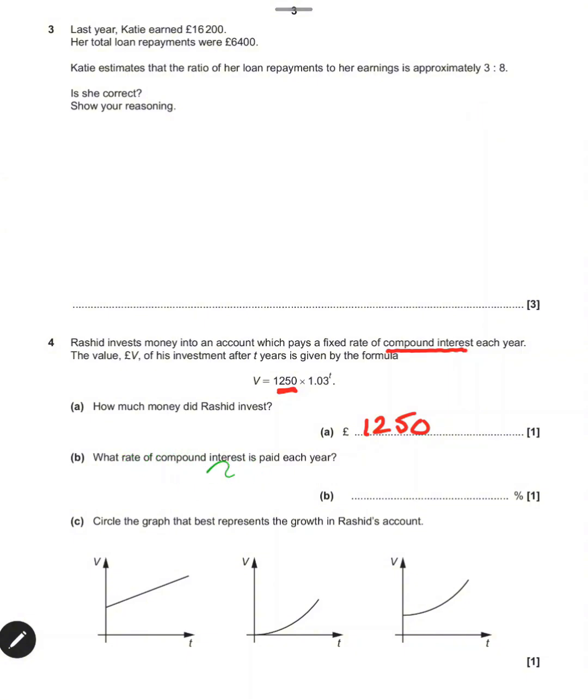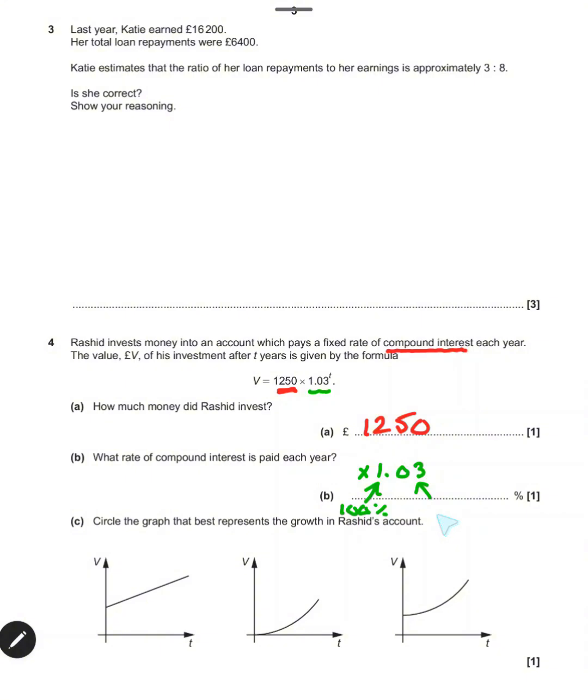The rate of compound interest is given by this part. Now we're multiplying by 1.03. This here is 100%. Multiplying by 1 is just finding 100%.